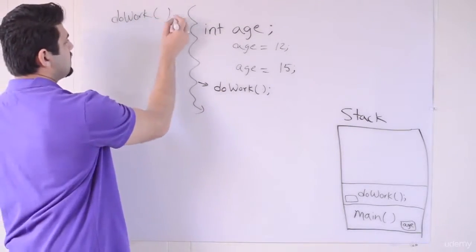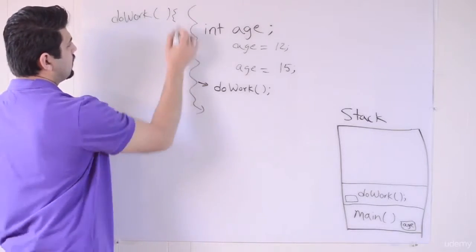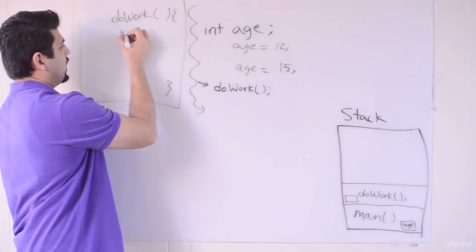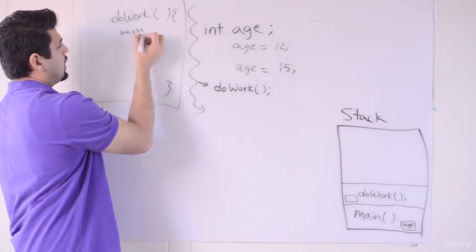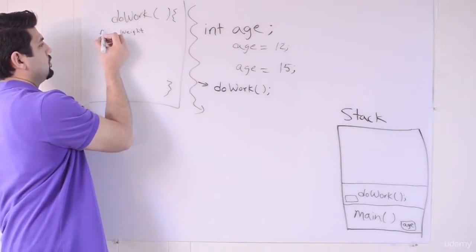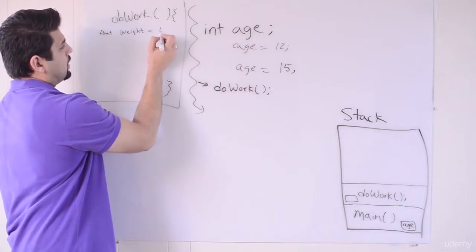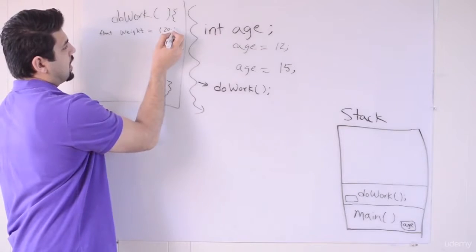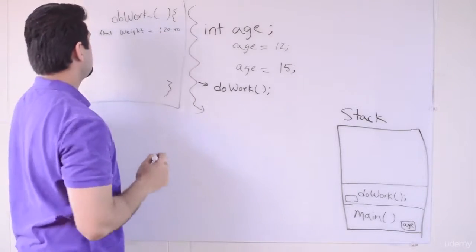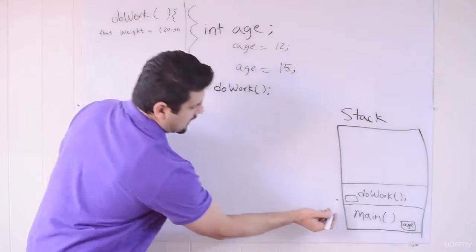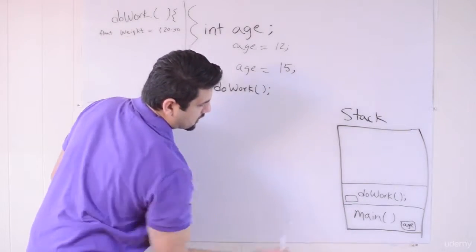Let's just say this is the method definition, right, of do work. And in here we have a variable called wait, and it's of type float. Hopefully you can read this. And let's say it's 120.30, okay? So this variable is going to reside in this stack, the do work stack, okay?